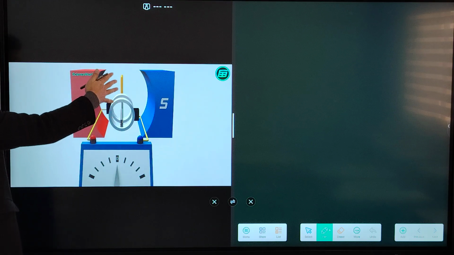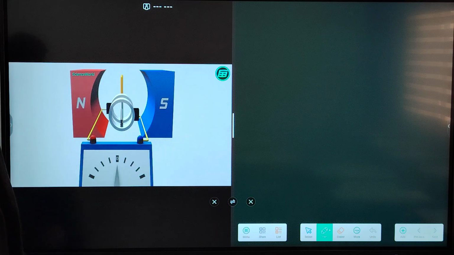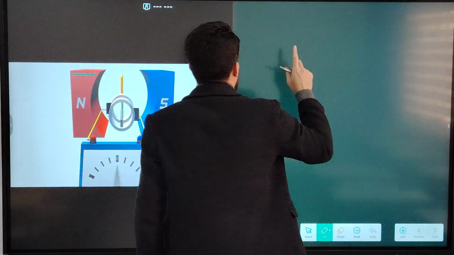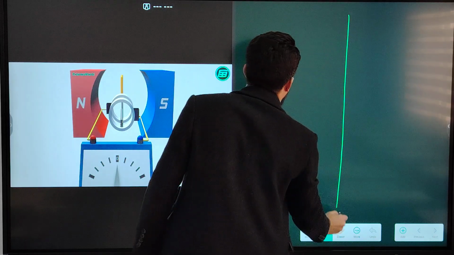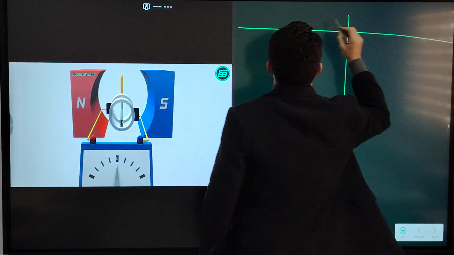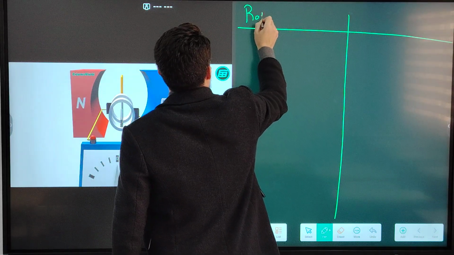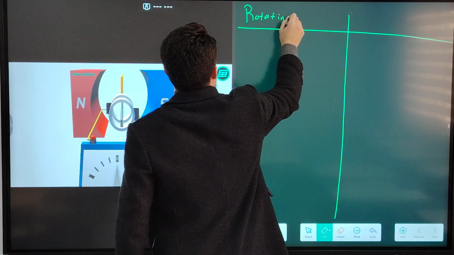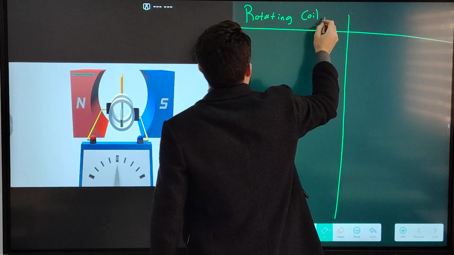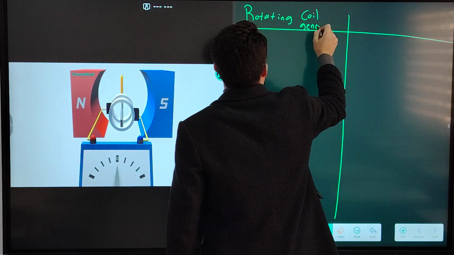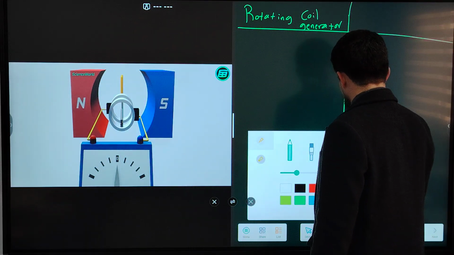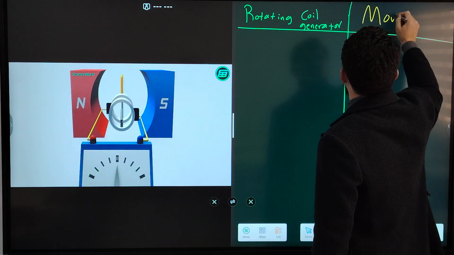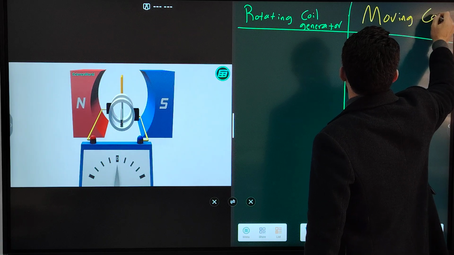Now, the plane of the loop is perpendicular to the magnetic field. In a generator, a rotating coil, like a moving coil, which we studied in section 1.